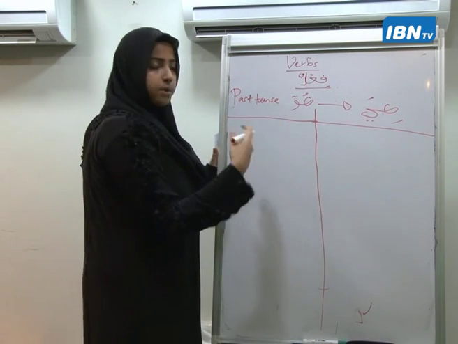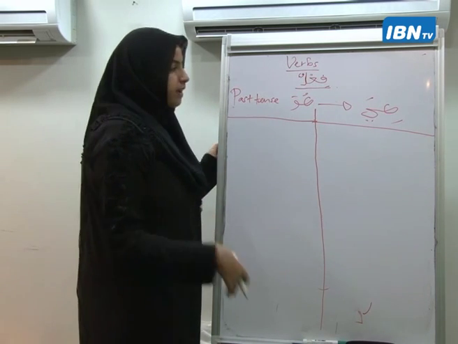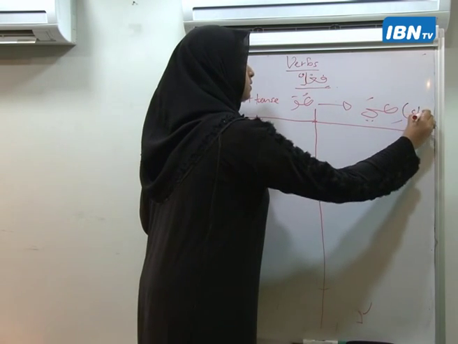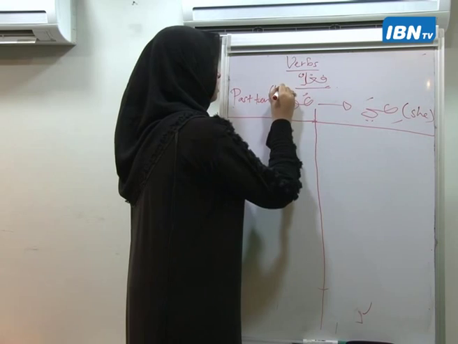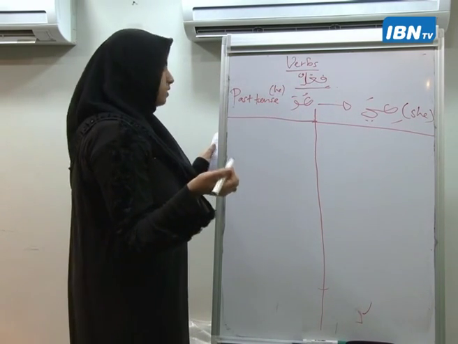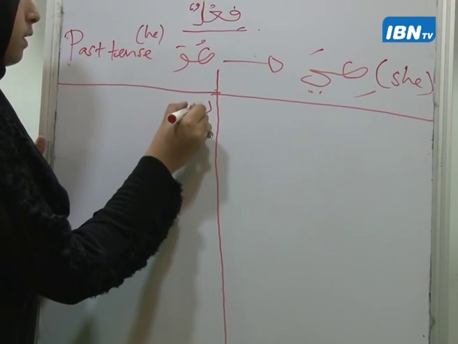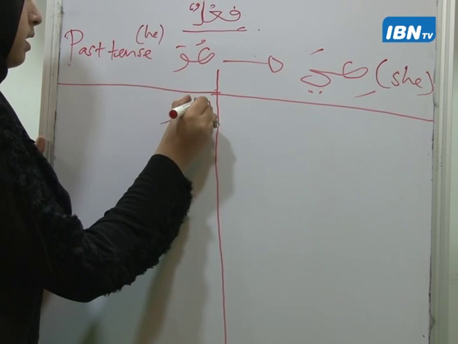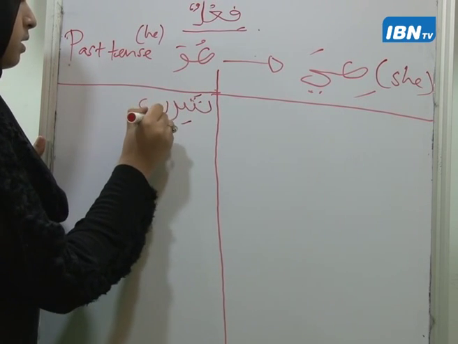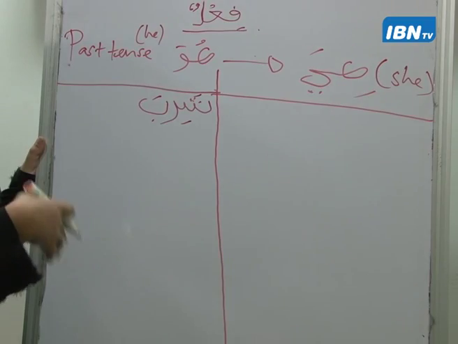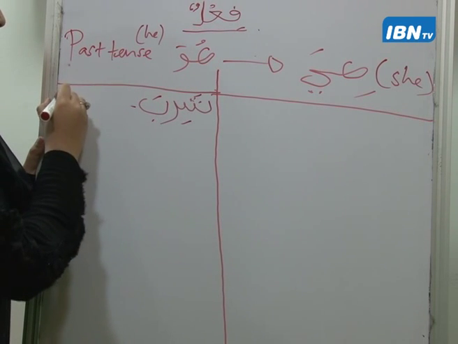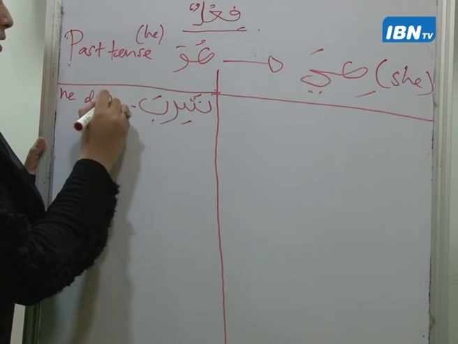So we said the past tense in huwa was shariba. Hiya, she, and he. So we have shariba, which means he drank in the masculine past tense.